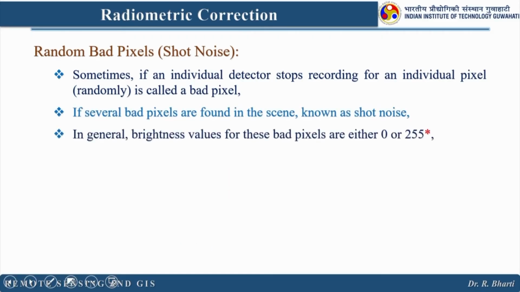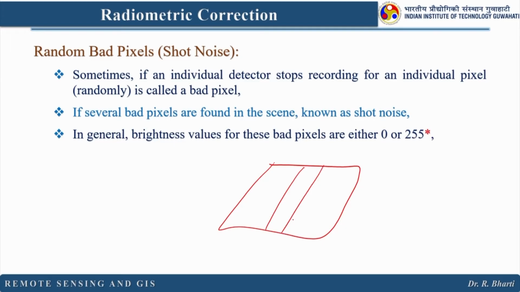Now the third point is, in general the brightness values for these bad pixels are either 0 or 255. So these bad pixels, right, there will be some number attached to them. What will they be? They will be either 0 or 255.